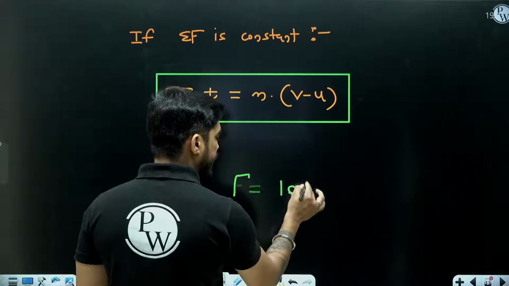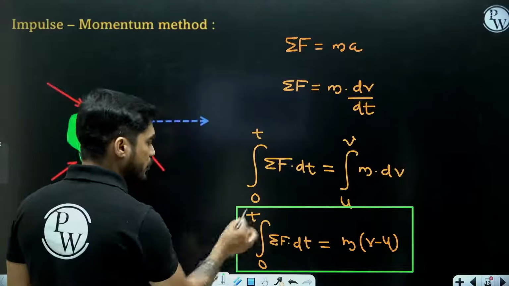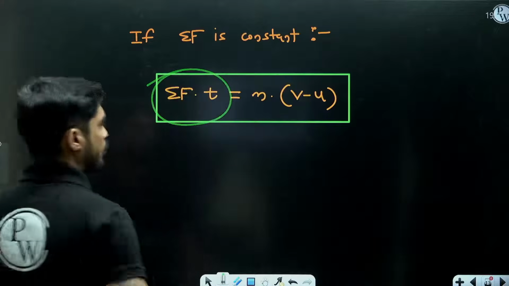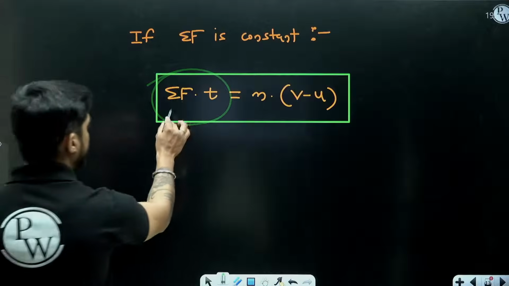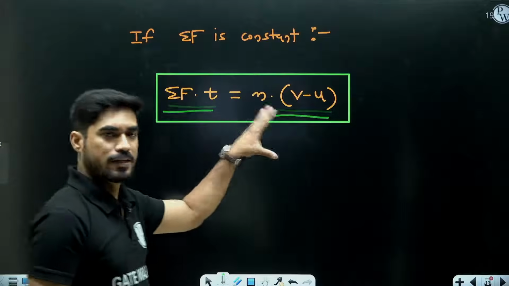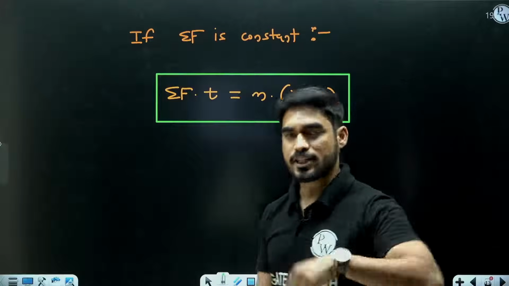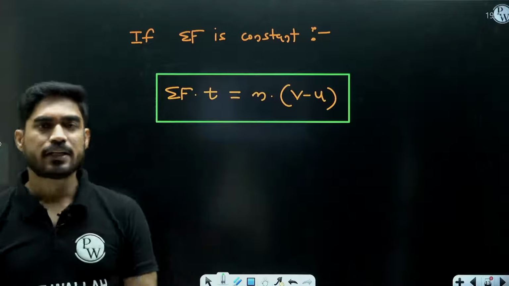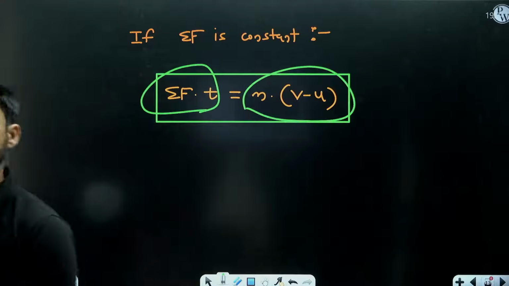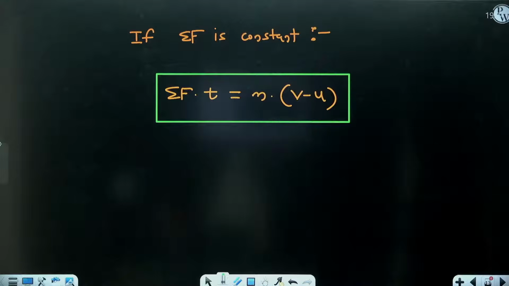F equal to 10t means the force is not constant, it depends on time. So in that case you will use the integral relation, but if the force is constant, you will use this relation. Okay, so this is the impulse and this is the change in momentum. According to this principle, if you apply external force for a short duration, it changes the velocity of the body, and the impulse of the force is equal to the change in momentum of the body. So I hope now you understand the significance of impulse and momentum.